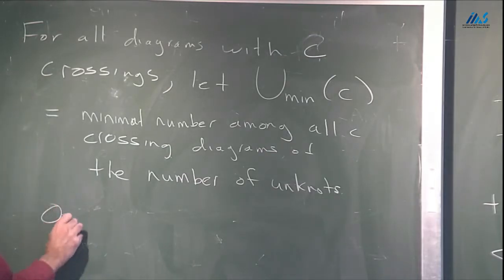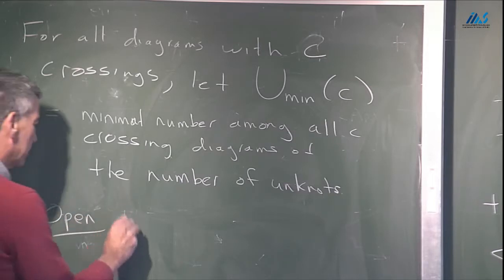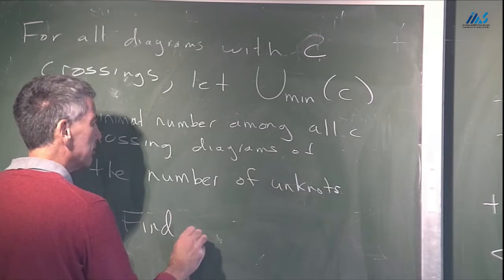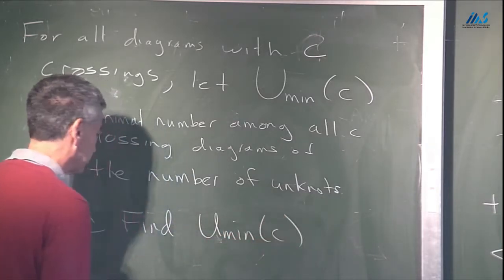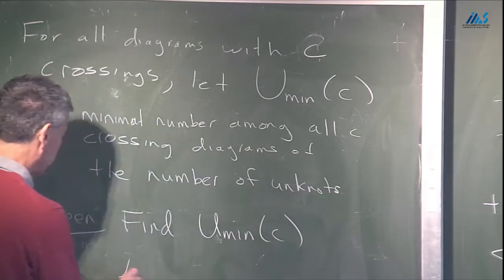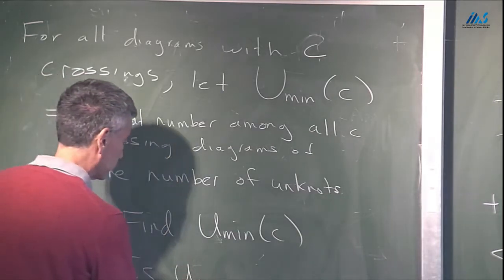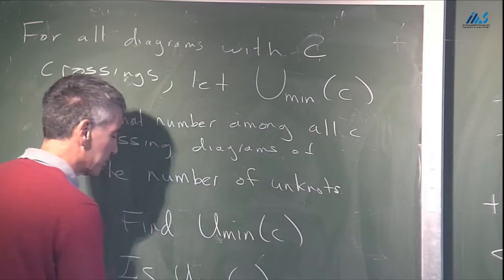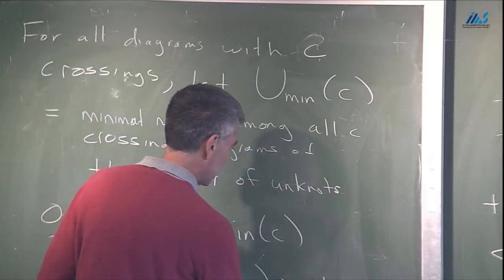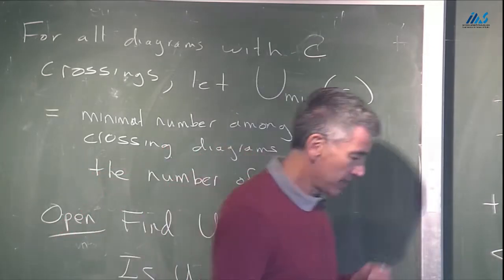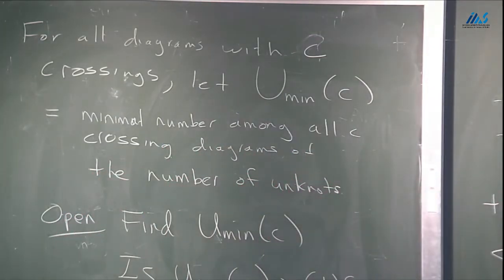So open is to find u min, or find some good bounds on u min. For example, is u min of C bigger than 1/2 to the c? We don't know that.